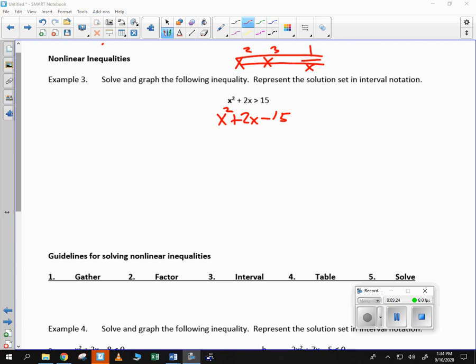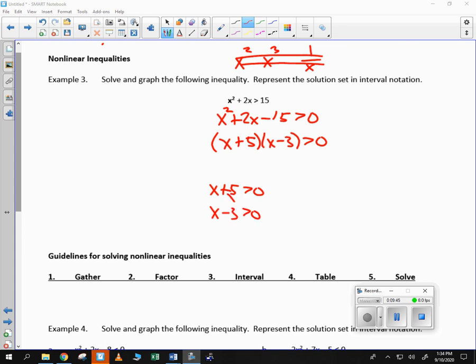You're right that you subtract 15 greater than 0, and you're right that you set up x plus 5 times x minus 3 is greater than 0. But what you don't do is go then x plus 5 is greater than 0, and x minus 3 is greater than 0.